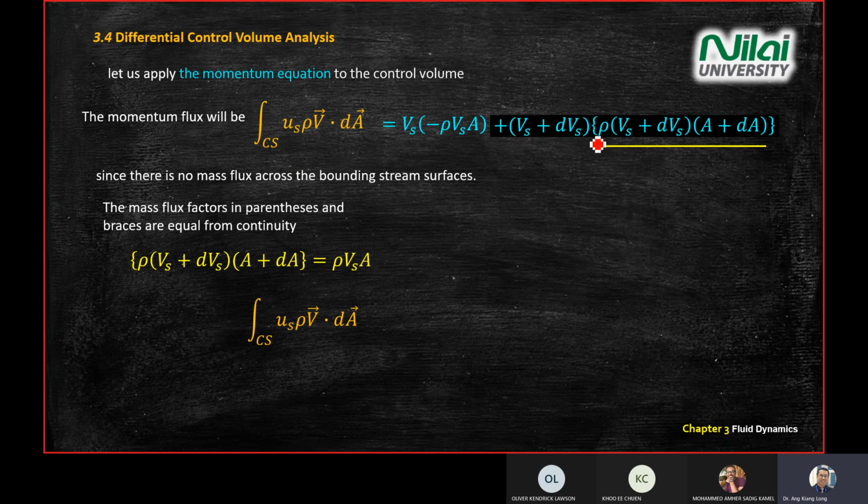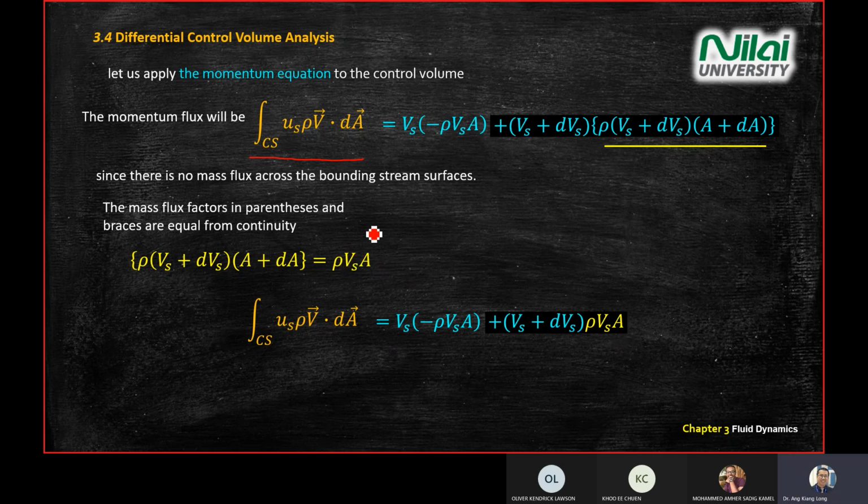So you see this one, rho V S plus dV times the A plus dA, this whole thing will be equal to rho V SA. And then the integration, this term, will be equal to this one plus this one, because you already replaced this term with this one.